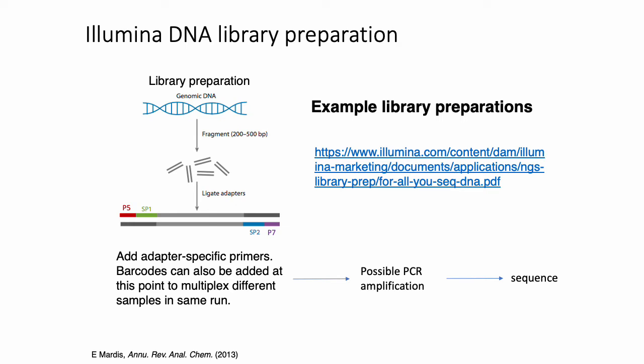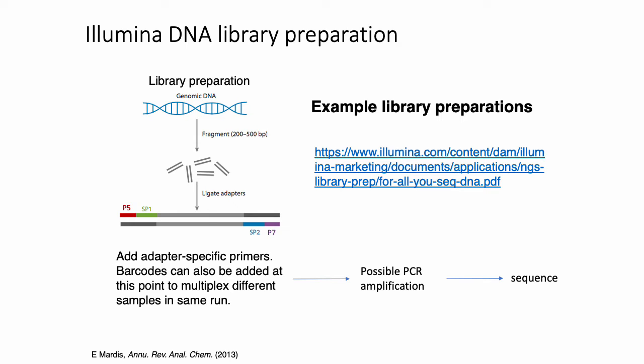And so if you sequence a sample that is much smaller than the total amount of sequencing that you can actually generate from a run, then you're essentially wasting capacity because you could sequence more. You just didn't have enough fragments from one sample.